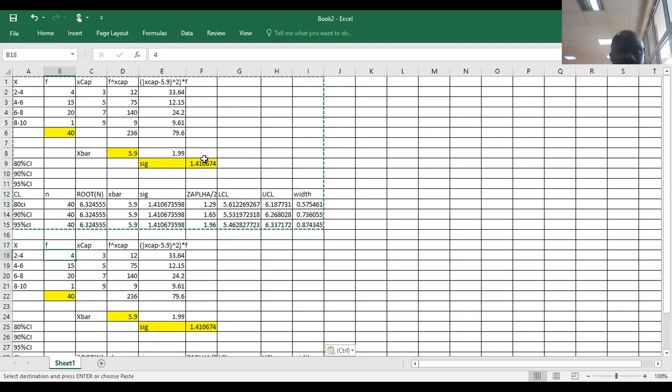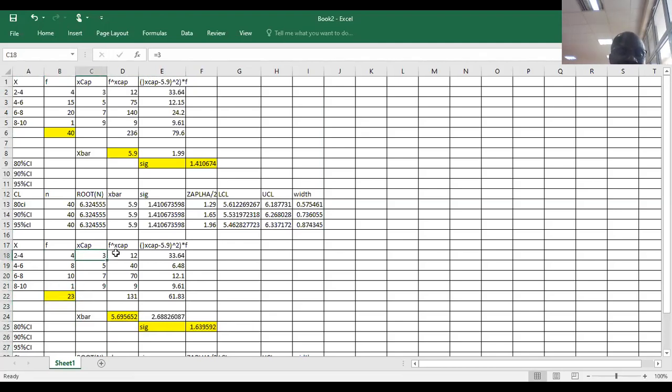Then 8. Then 10. Then 1. Then 1. Giving us a total of what? 23. Let's just put 23 here.